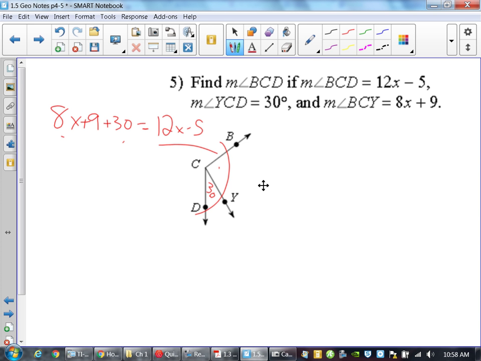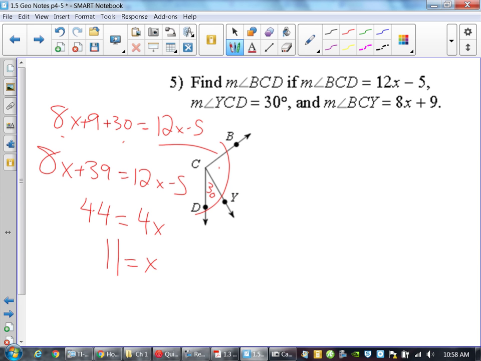Just try to find BC. So you have 8x and a 39. Subtract the 8x, add the 5. And what's x? 11. And there you go.